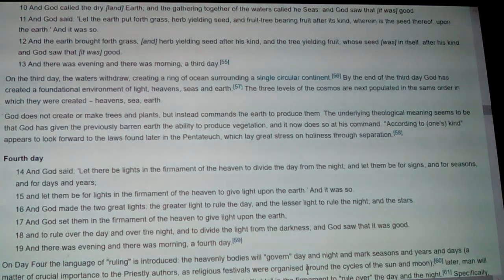The underlying theological meaning seems to be that God has given the previously barren earth the ability to produce vegetation. Or perhaps in our concept, everything got pretty much screwed, but then what allowed you to come back were areas of vegetation which had naturally formed long ago, like jungles and so on, and things that got choked out after the flood, mud, and all these things miraculously sprung up out of this mud.